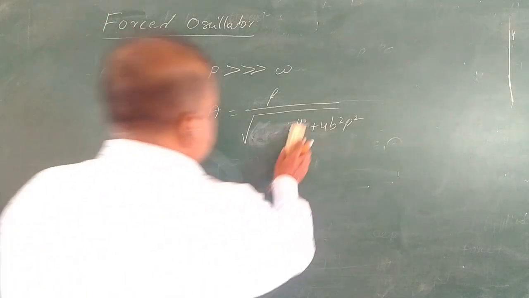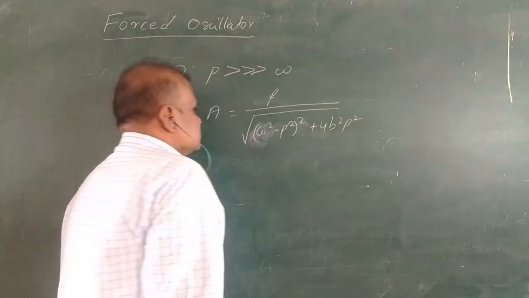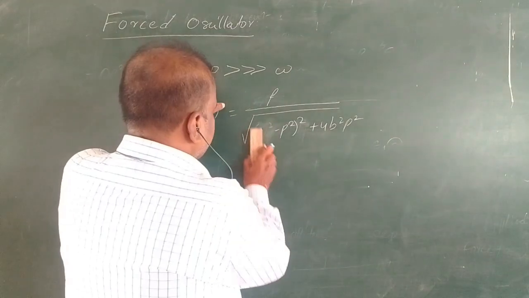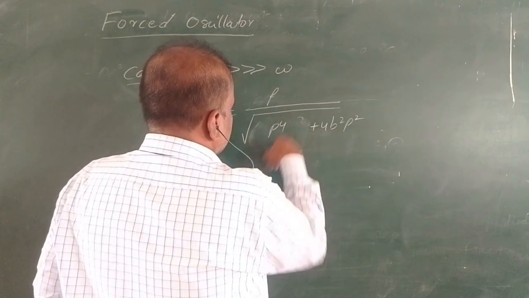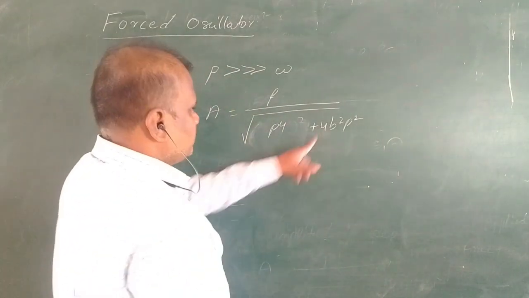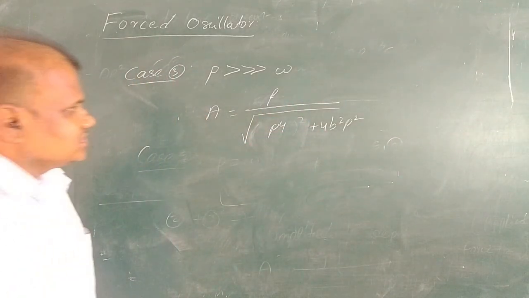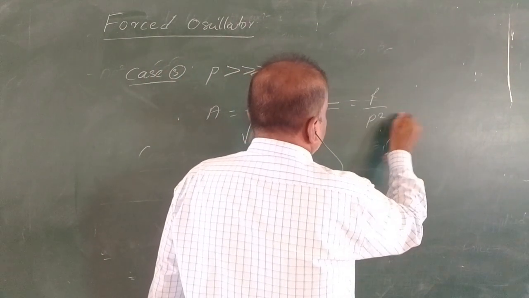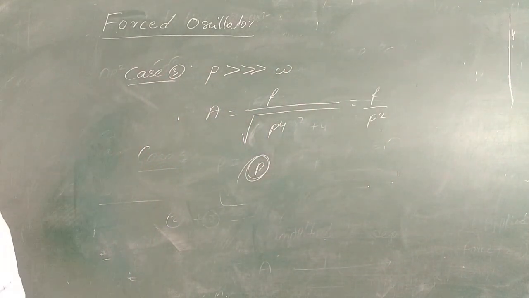Again you can neglect b because b is related to the frictional force constant. If I remove this, the amplitude depends purely on the applied force frequency only. So this is about the forced oscillator.